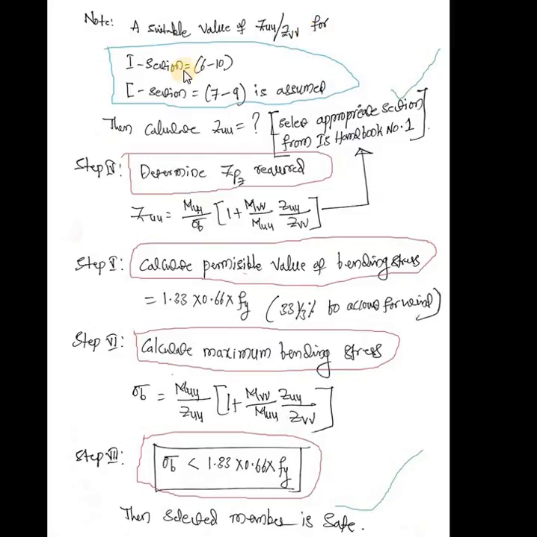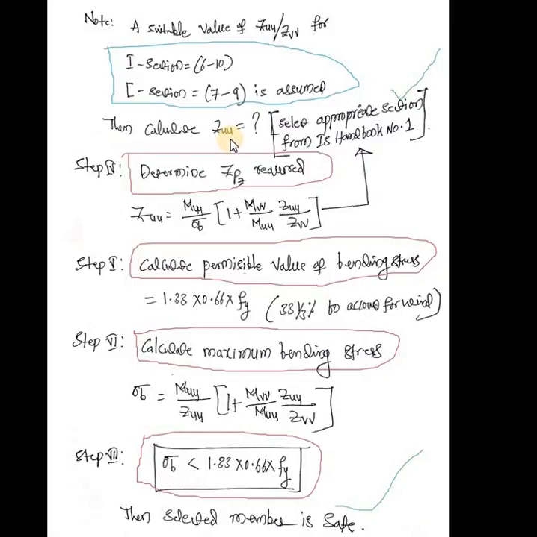These are approximate values we can assume: for I section 6 to 10, for C section 7 to 9. These are the standard values given by S.K. Duggal; in the S.K. Duggal textbook these values are available. In between these we can assume one value of ZUU by ZVV. Then you can easily calculate ZUU.